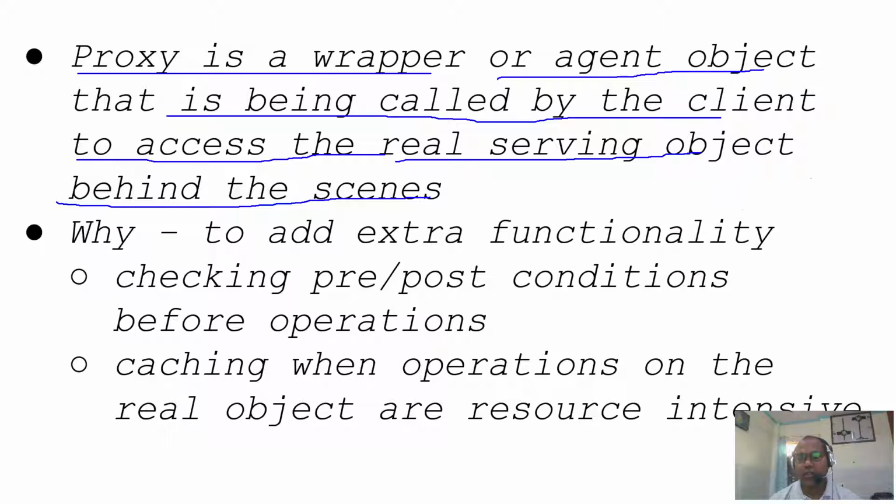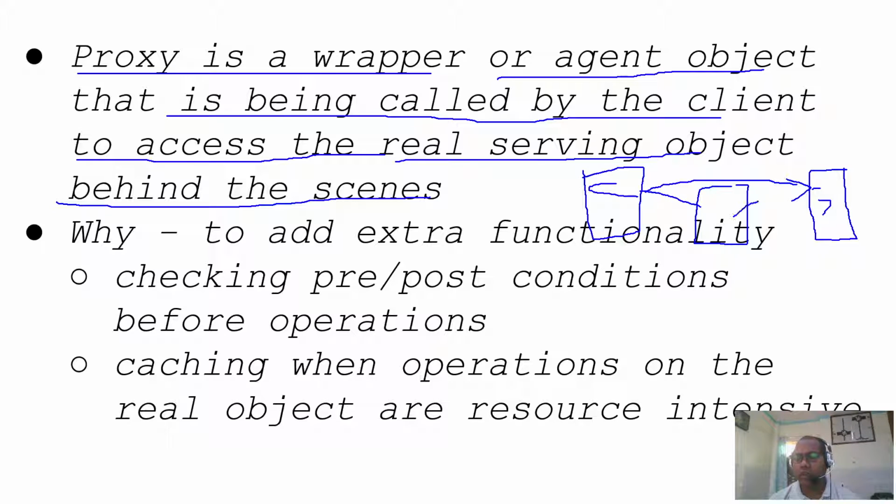That means if we have one object that offers some set of services, the client does not invoke your service directly, but there would be some agent, some proxy. They talk to the proxy, and the proxy will talk to the actual object.